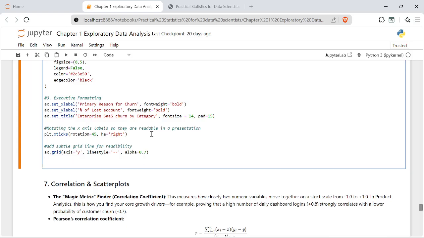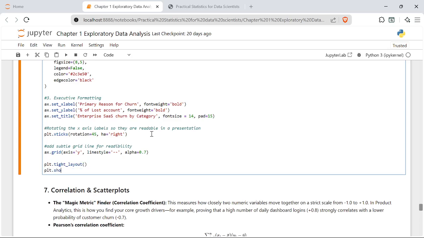Adjust layout so labels don't get cut off: plt.tight_layout(), plt.show(). Okay, let's run this.